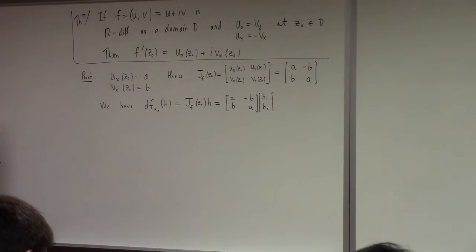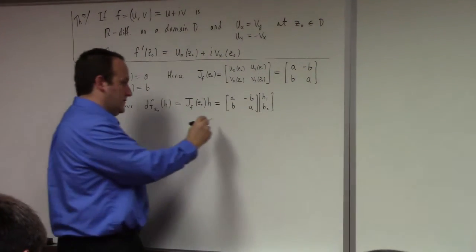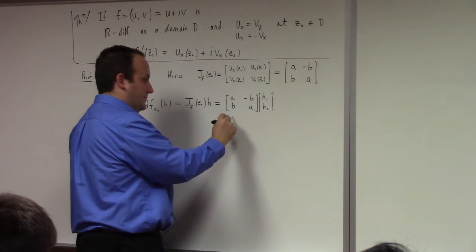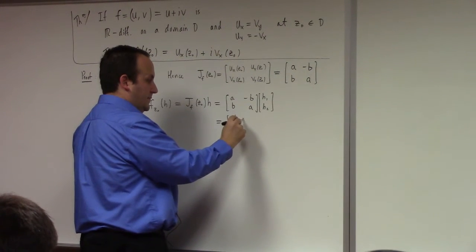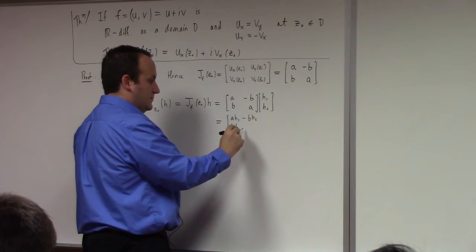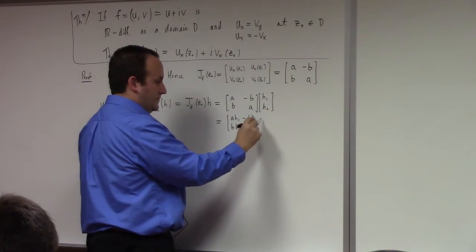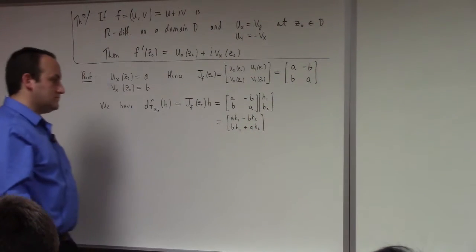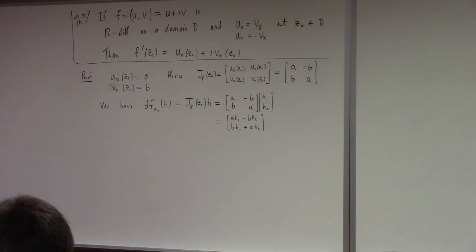Now we can multiply matrices by 2 by 2 vectors. So what do we get? We get a h1 minus b h2, and b h1 plus a h2. By the way, I know this Jacobian exists because I assumed real differentiability of the function from the outset, right? Assuming real differentiability means the Jacobian exists, among other things.